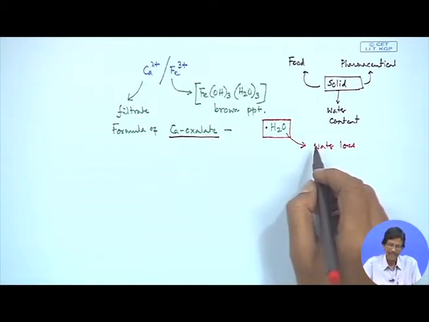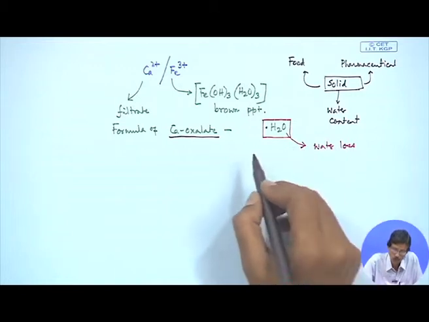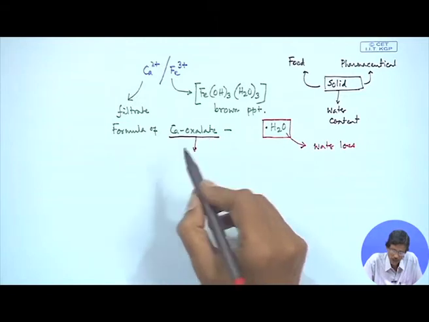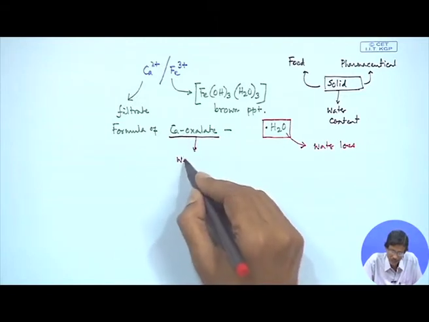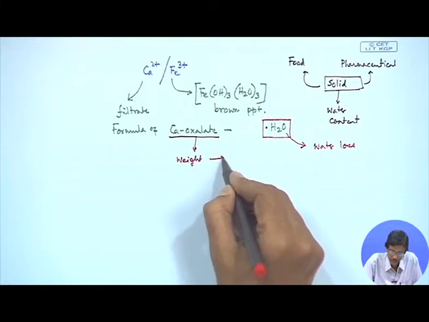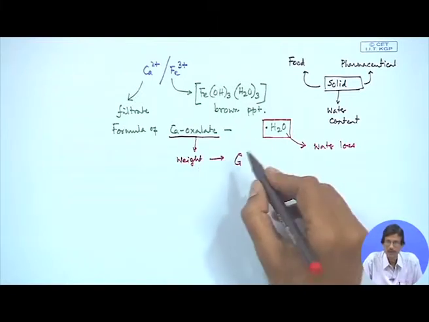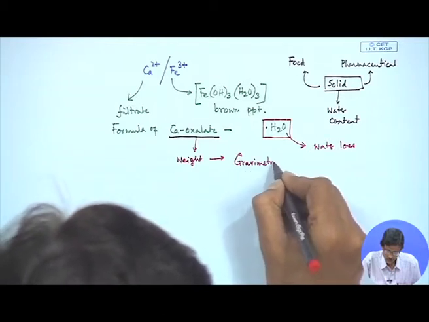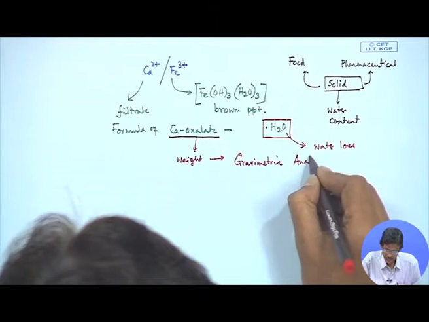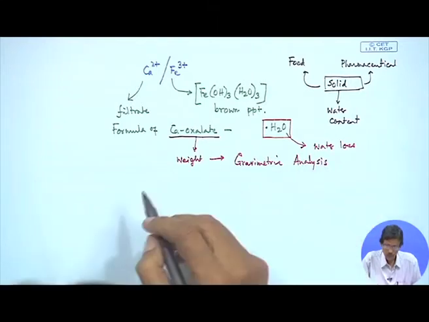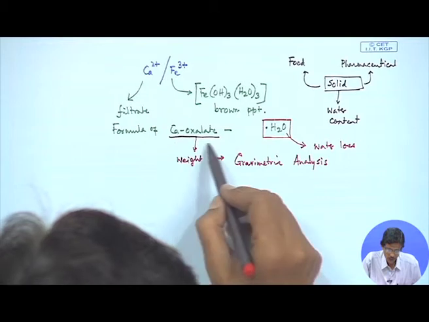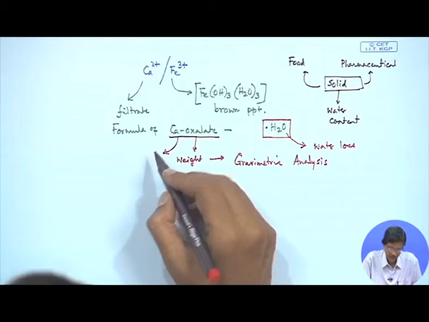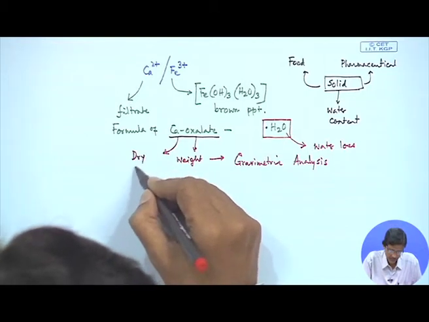Similarly, this particular calcium oxalate, if we want to go for the corresponding measurement or the analysis based on the drying of the sample and taking the weight, that means the gravimetric estimation, the conventional or the traditional gravimetric analysis can be useful to know about the corresponding amount of calcium oxalate on the crucible or on the filter paper in dry state.